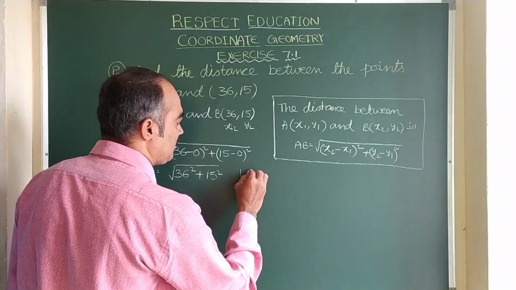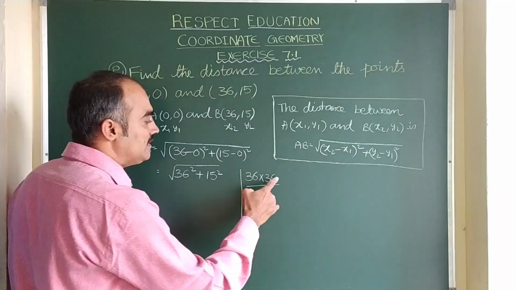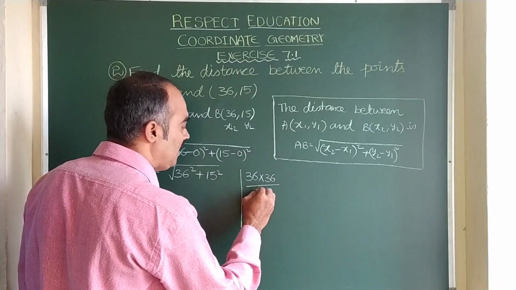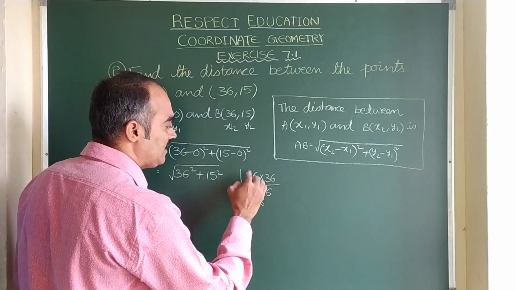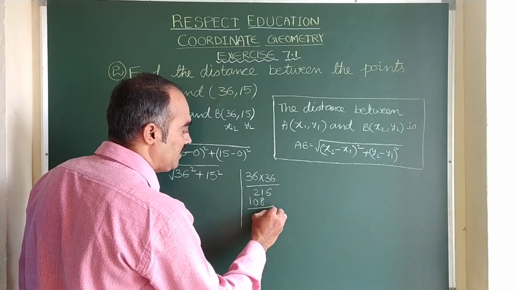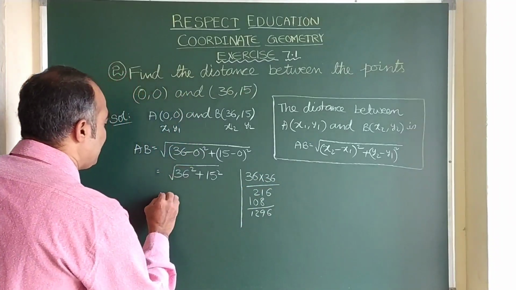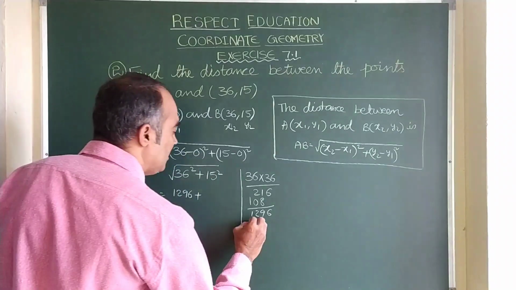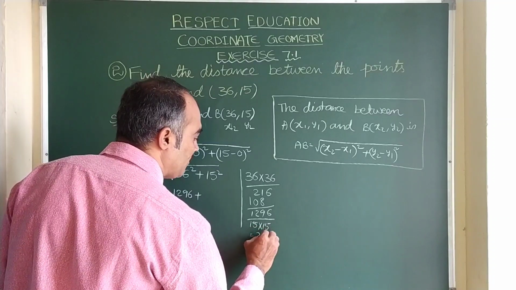36 square, nothing but 36 into 36. Let us multiply. 6 6s are 36, 6 3s are 18, 18 plus 3 is 21. 3 6s are 18, 1 is left, 3 3s are 9 plus 1 is 10. So it is 1296. 36 square is 1296. 15 square is 15 into 15. 15 15s are 225.